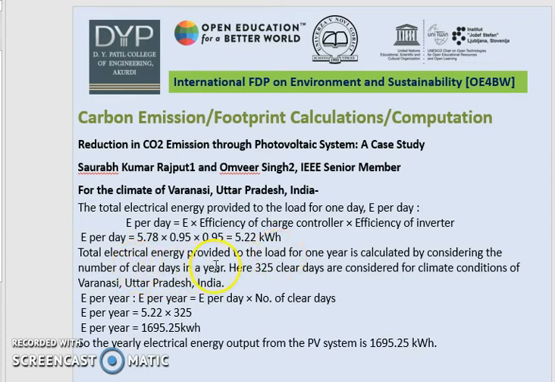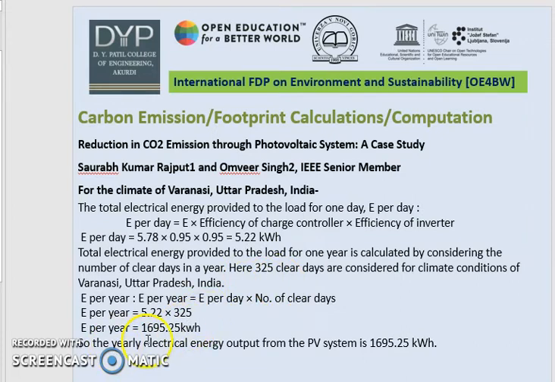The total electrical energy provided to the load for 1 year is calculated by considering the number of clear days in a year. For this site, the author has considered 325 clear days, where you get full sunlight. So E per year is equal to E per day into the number of clear days. E per day has been calculated as 5.22 kilowatt hour, into 325 clear days for this site; this may vary per site.